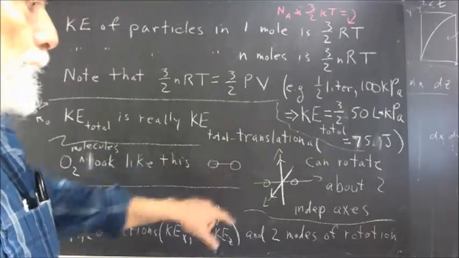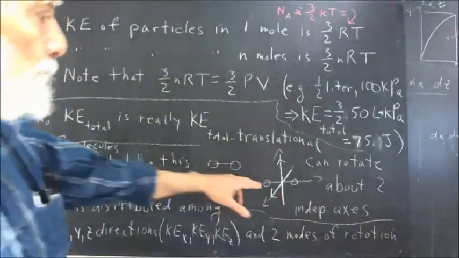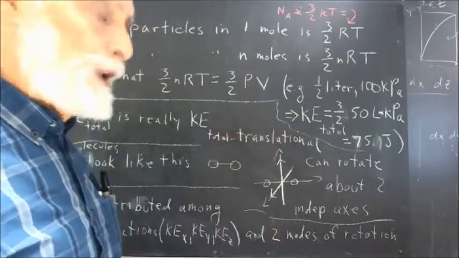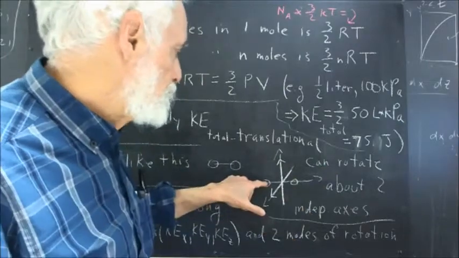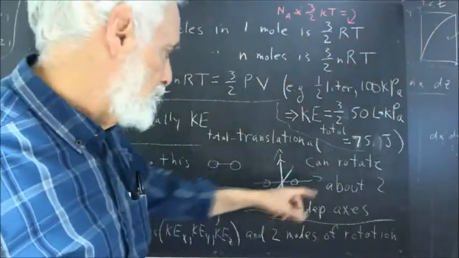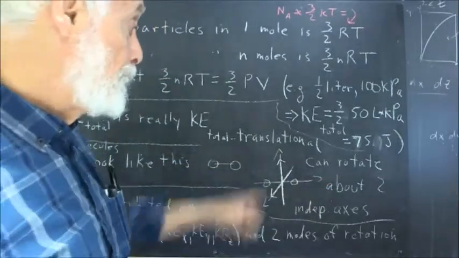Okay, this molecule can rotate about two independent axes. If we show the molecule here, and of course the molecule could be at any angle, we can impose a coordinate system where one of the axes coincides with the axis through the centers of the two atoms.